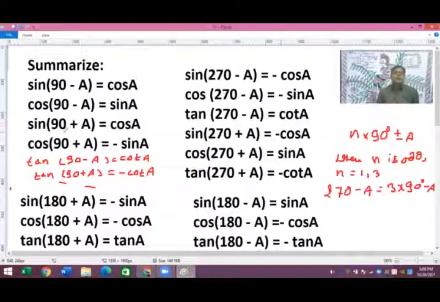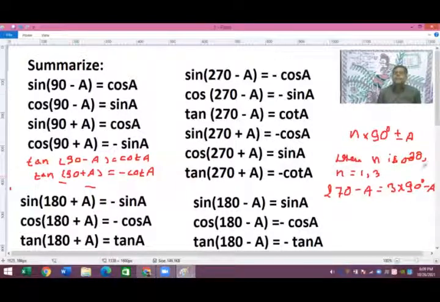Alright, and here also this is 1 times 90 degree, that means it is odd number times 90 degree minus A, that means sine becomes cos and cos becomes sine. And the sign outside depends on which quadrant the trigonometrical ratio lies in.